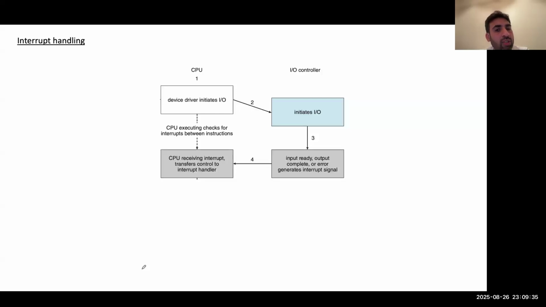Remember that our CPU is executing some other computation, but also checking the interrupt signal between every two instructions, right? So when our controller sends the interrupt at step 4, the CPU is able to detect that an interrupt signal was activated. At that point, it transfers control to the interrupt handler, right?